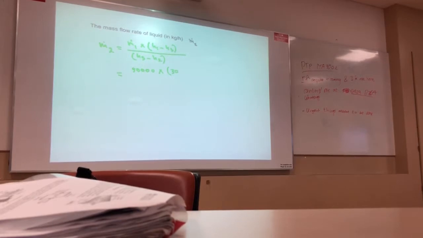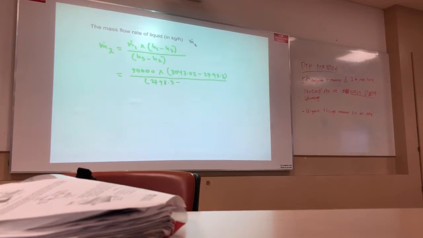This one is 3043.02 minus 2798.3, what I get from the table, divided by 2798.3 minus 852.26, right?